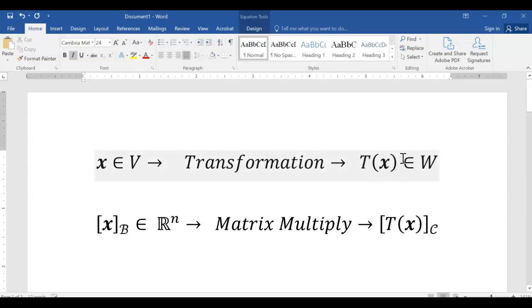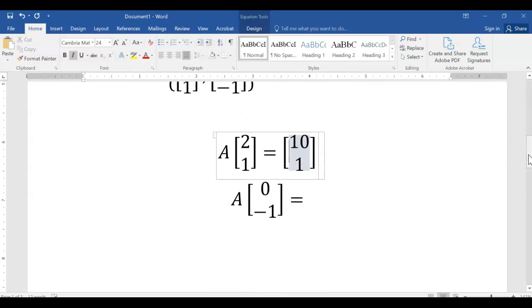So if I want to find my matrix, I need to figure out what that is here. How can I write this vector, which is 10, 1, as a vector with respect to my basis, which in my case is basis B?